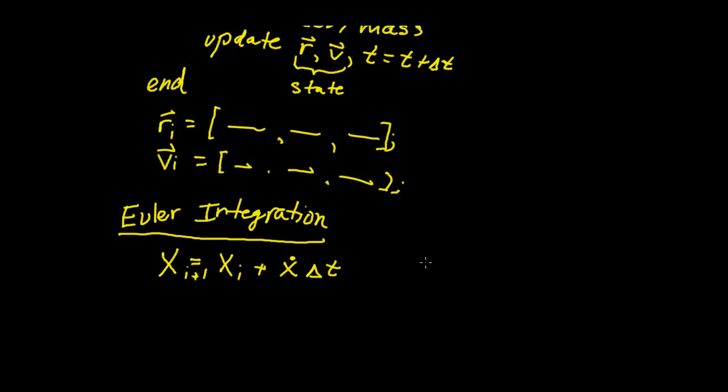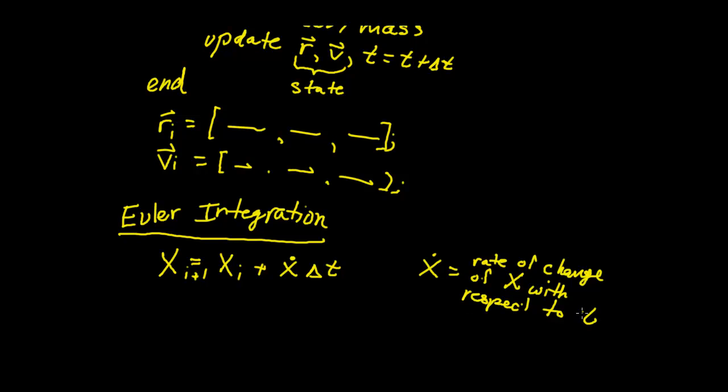So this is the rate of change of x with respect to time. So this is also, if you're familiar with calculus, if you're pretty handy, you could just say it is dx/dt. There we go.